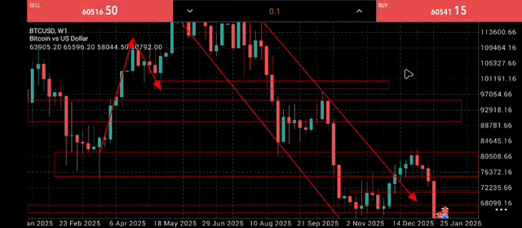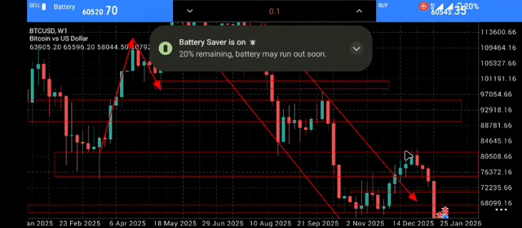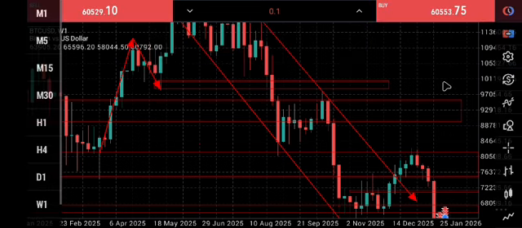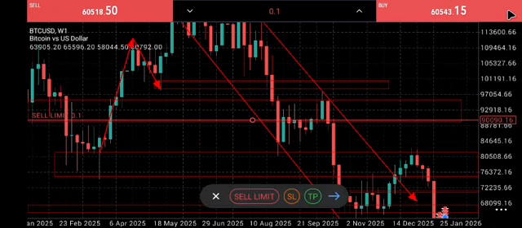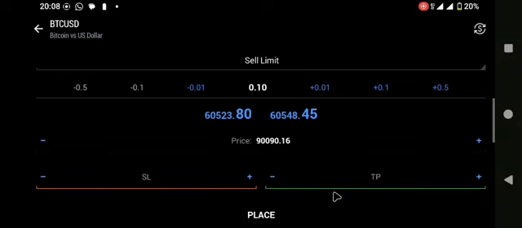Let's say your analysis is telling you that this market is falling down, and it will come back up to this area. So you can put your buy limit there.